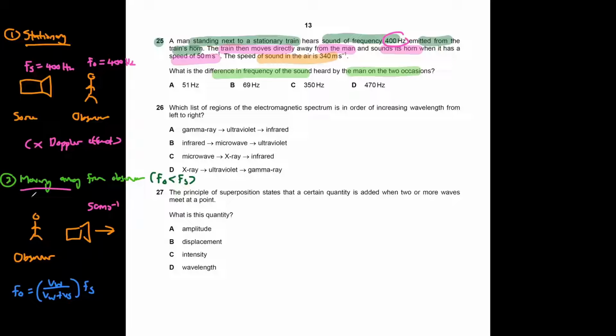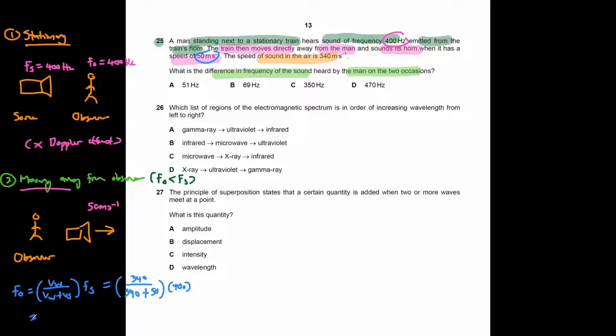So if you just sub in the values that you know, the observed frequency would now be v_w, the speed of the wave, 340, over 340 plus the speed of the source, which is 50 meters per second, multiplied with your source frequency of 400 Hertz. You will eventually get the answer as some value.